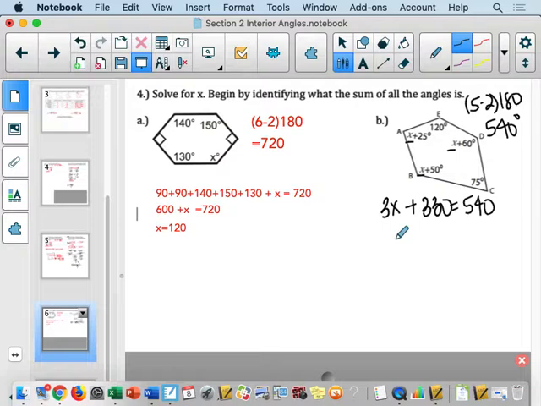Subtract 330 from both sides. What is that, 110? 210? Nope. Yep. I don't know why I second guessed myself. Divide both sides by 3. So x has the value of 70.